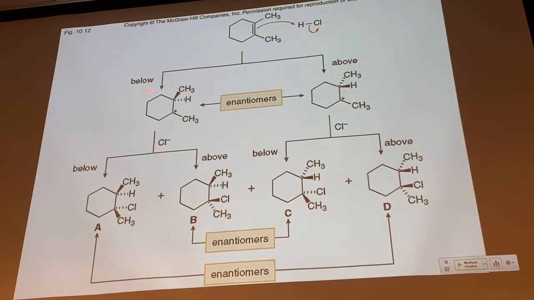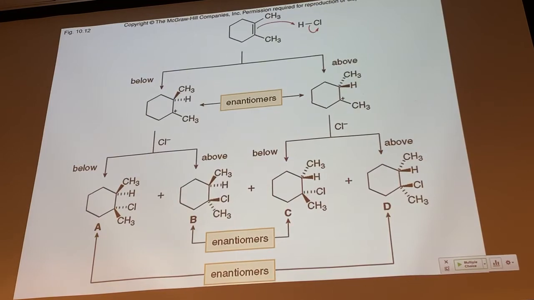Now let's look at this carbocation that I'm pointing to here. Is the rate of the attack from the top going to be the same as from the bottom, or will there be a difference? There is a difference. Which face will get attacked faster? The bottom. The top is hindered by the methyl group. The bottom just has a hydrogen.